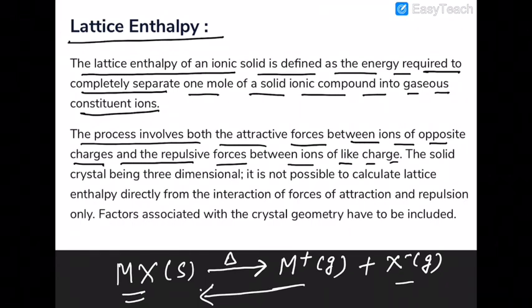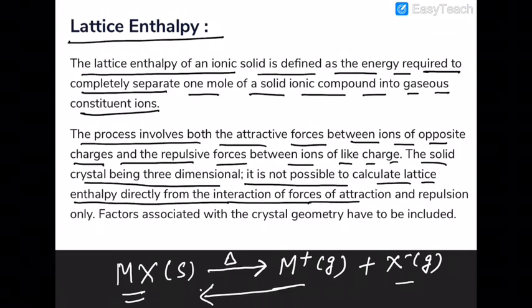So both the interactions, that is attractive and repulsive interaction, must be taken into account while defining the lattice enthalpy. The solid crystal being three-dimensional, it is not possible to calculate the lattice enthalpy directly from the interaction of forces of attraction and repulsion alone.